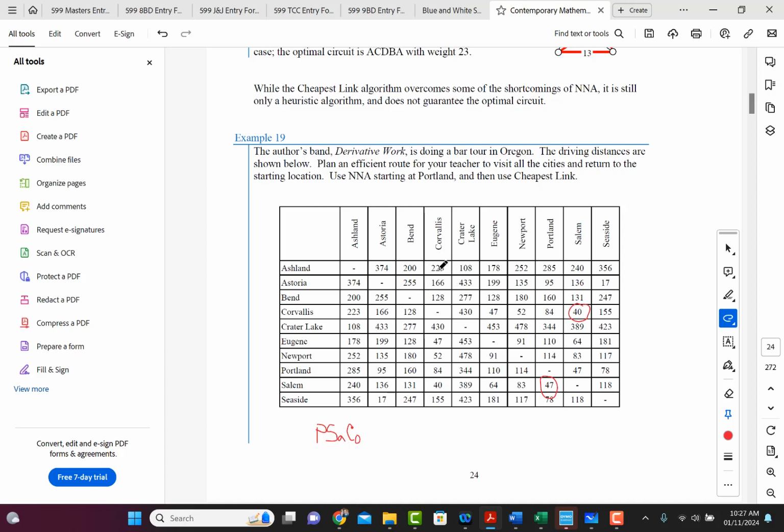And then from Corvallis, the cheapest route to go is Salem, but we already went to Salem. So the next cheapest is going to be 47, which is Eugene. Okay, so 47, that's Eugene.